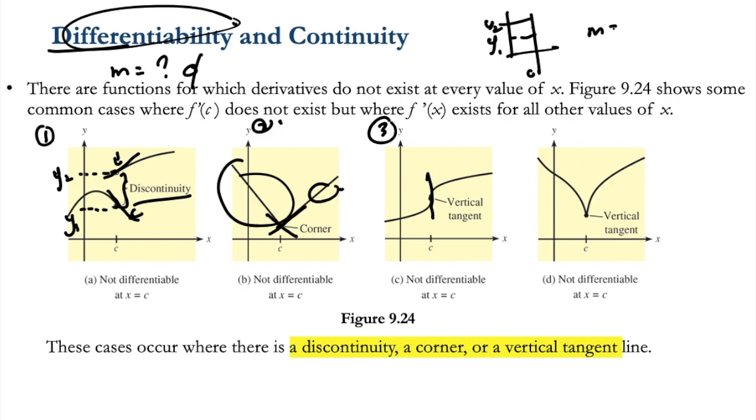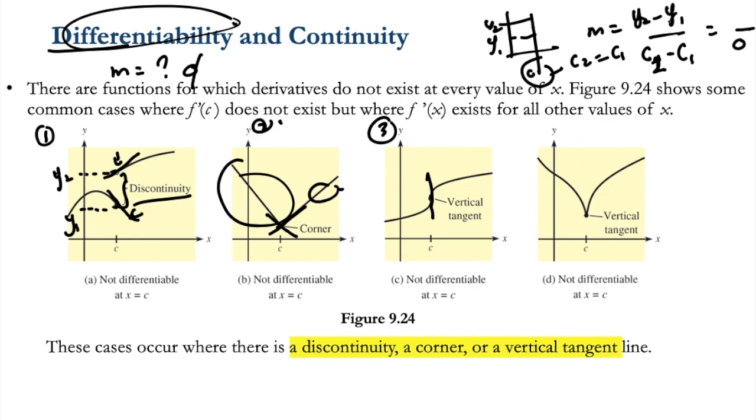So when you calculate the slope, y2 minus y1 over c2 minus c1, c doesn't change, so c2 equals c1, and the denominator here is 0.